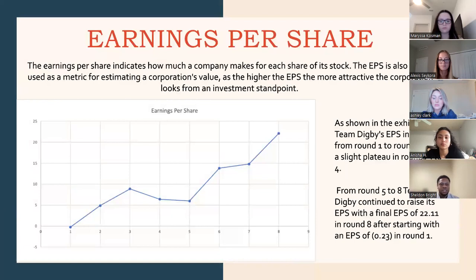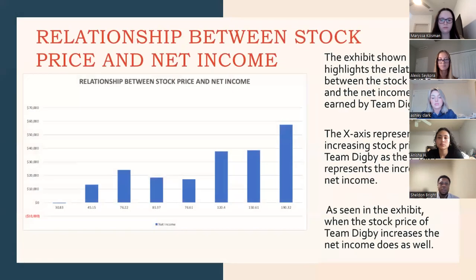We did see a slight dip in rounds 4 and 5, but we were able to rebound, ending with an earnings per share of $22.11 in round 8. But we started with a negative earnings per share in round 1 of negative 23 cents. So this was another key indicator to show that Team Digby made sound business decisions throughout all 8 rounds to increase our value.